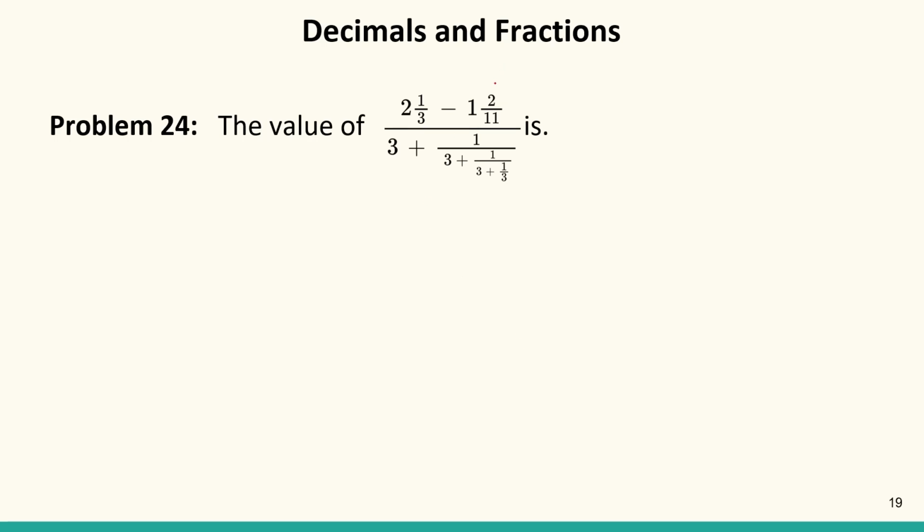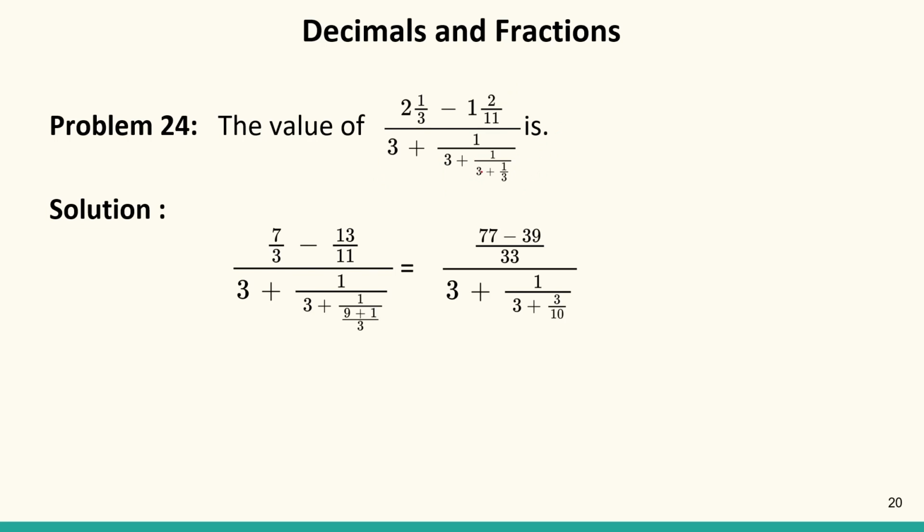This is not a hard one. What we need to do is evaluate or simplify this systematically. We simplify this part first, then this. This will be the process here.